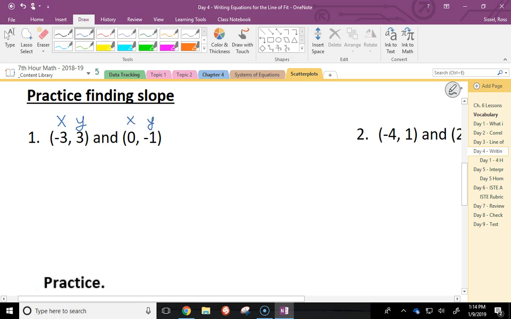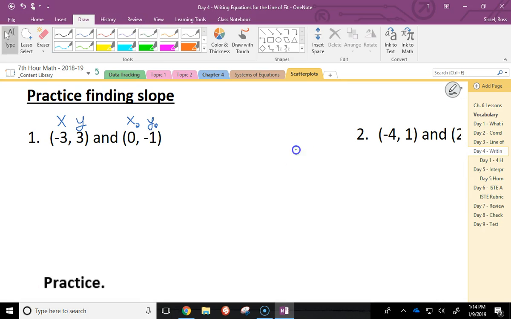Those are also x, y. We always write our coordinates x first, then y. Because we have this one down first, (-3, 3), it actually comes before (0, -1). So this means this one's our x2, y2. Remember, that little 2, all that means is, hey, this is the second point that just came next.